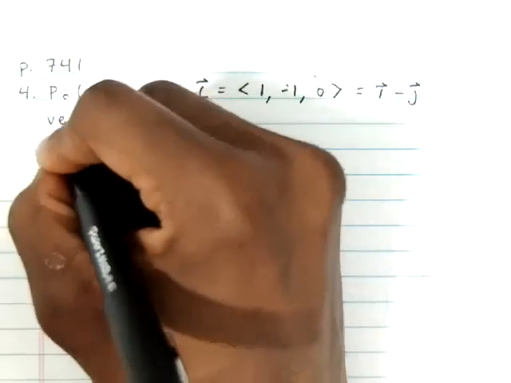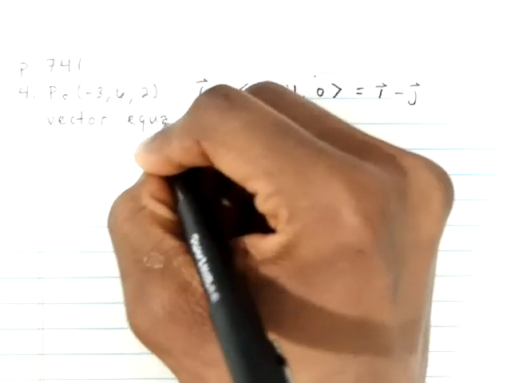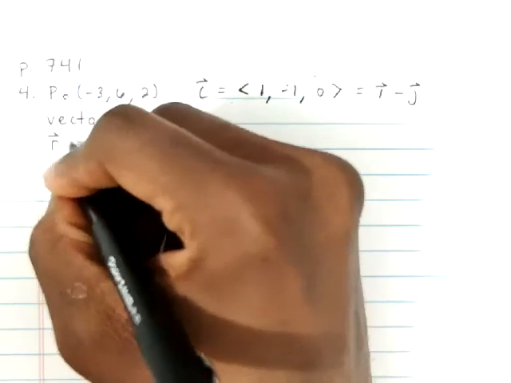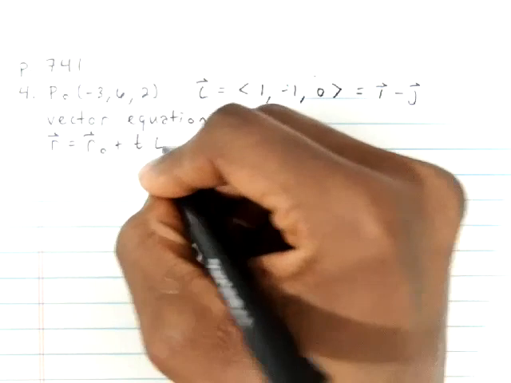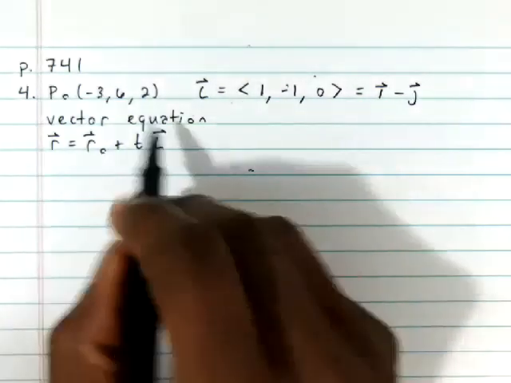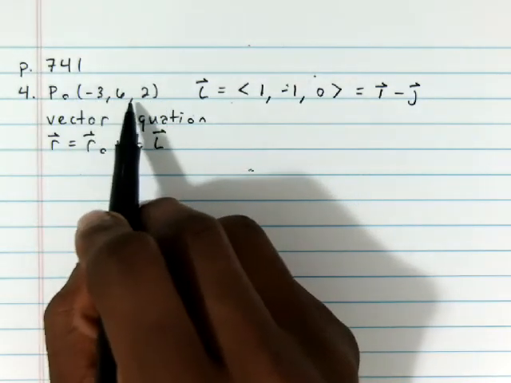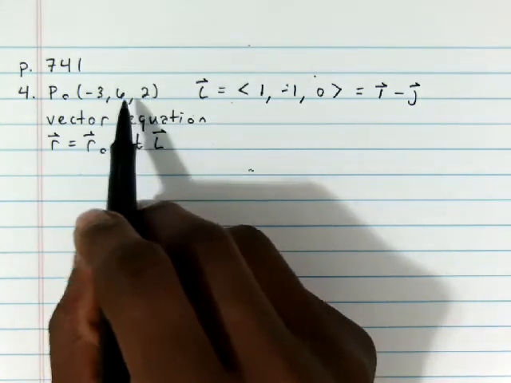So first, we'll start with the vector equation of a line. Just as a reminder, the equation is R equals R naught plus TL. The components for R naught come directly from that point P naught.